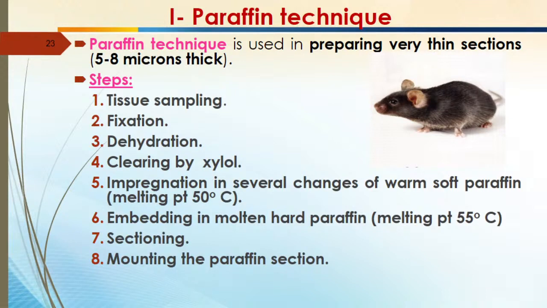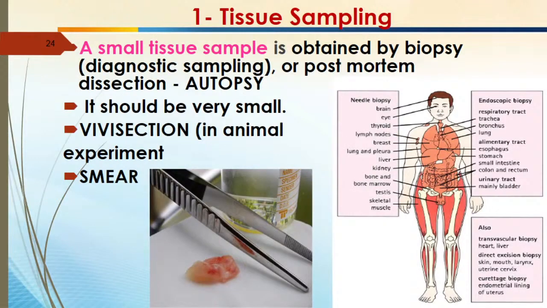Let's talk about each of them. First of all, tissue sampling. A small tissue sample is obtained by biopsy, diagnostic sampling, or post-mortem. In this case it is named autopsy. So biopsy we use for investigation of the living body, and autopsy for the dead body.